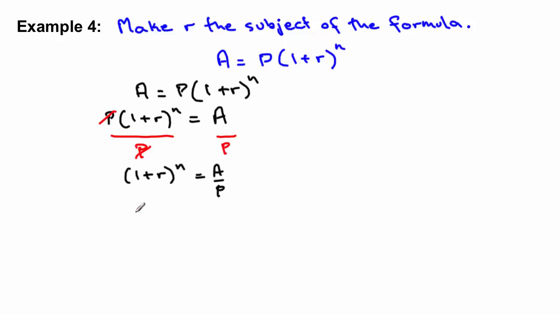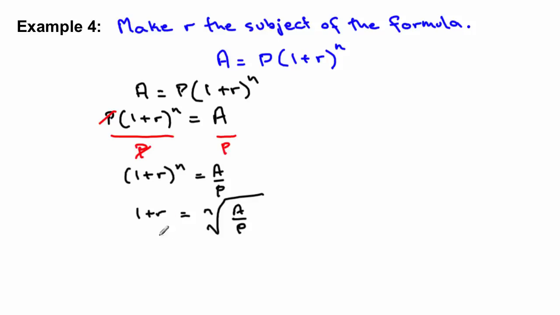So what happens here is we've got 1 plus r, and the opposite operation of a power of n is the nth root of the other side. So we'll be able to look this up in the calculator. For example, that could be a value of 2, so that would be a square root, or it could be a value of 3, so that would be a cube root, and your calculator will help you work that out. So we're almost there.